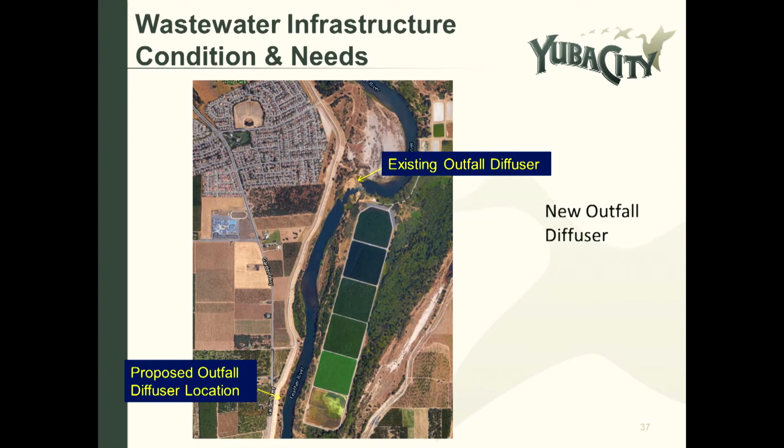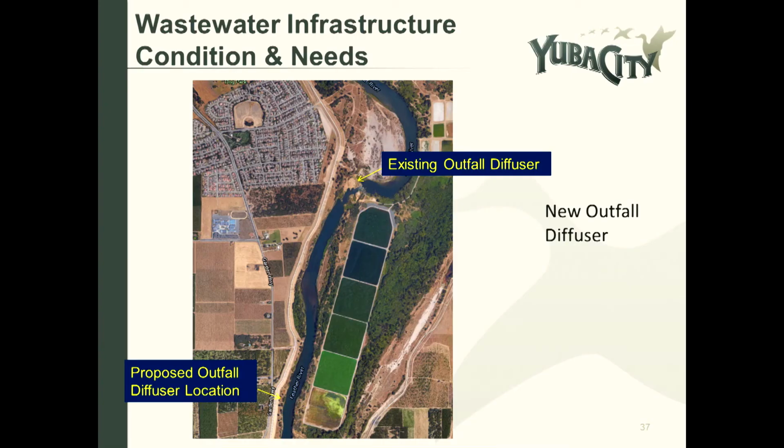So the project that we're working on now, which has the cost estimate of $11.5 million, is to relocate the diffuser downstream, and we've done a series of studies to try to identify the most stable location of the Feather River. The geomorphologist has identified that this seems to be a fairly stable location of the river.